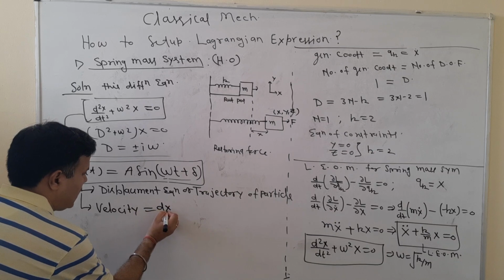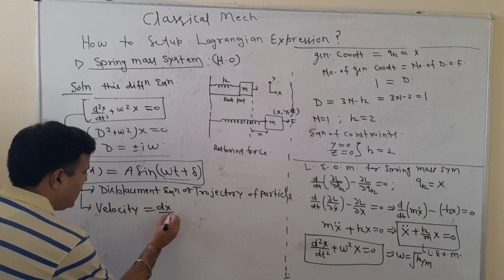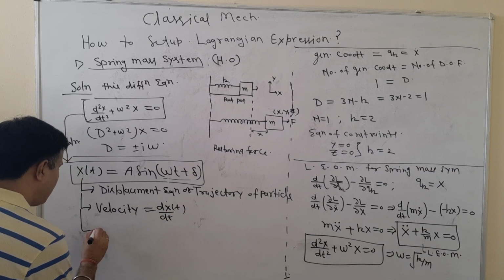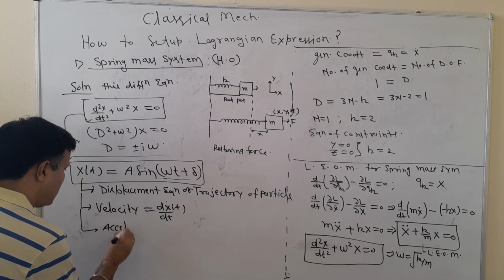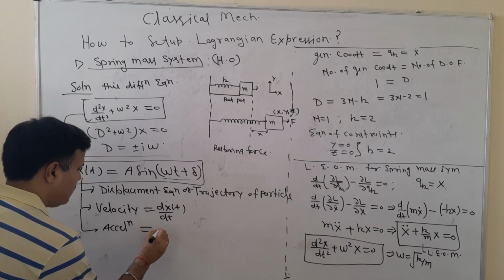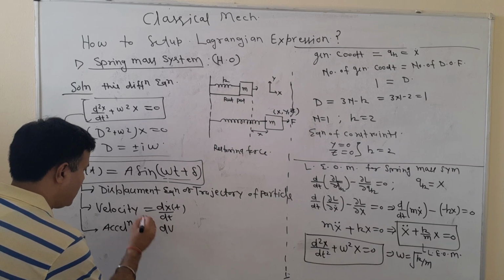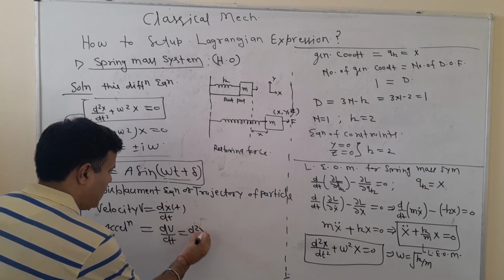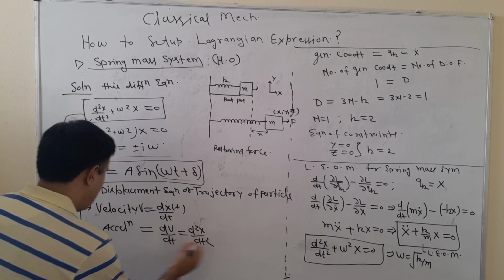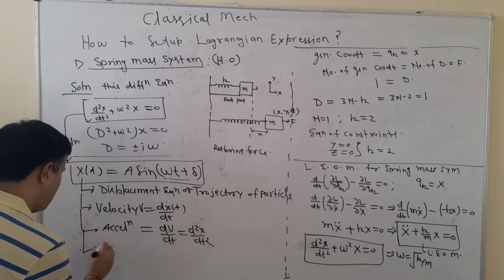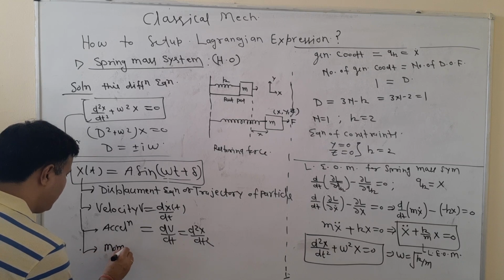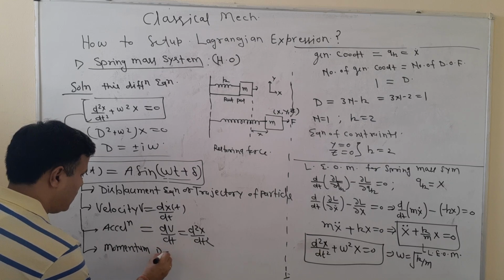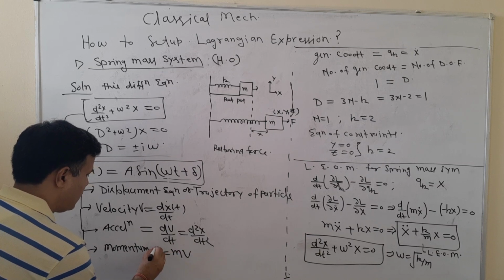so we can find out the velocity, which is dx by dt. We can find out acceleration, which is dv by dt, or d2x by dt square. We can find momentum, which is p equal to mass times velocity.